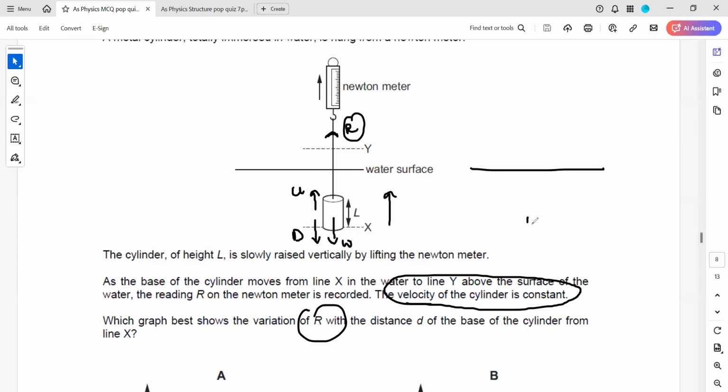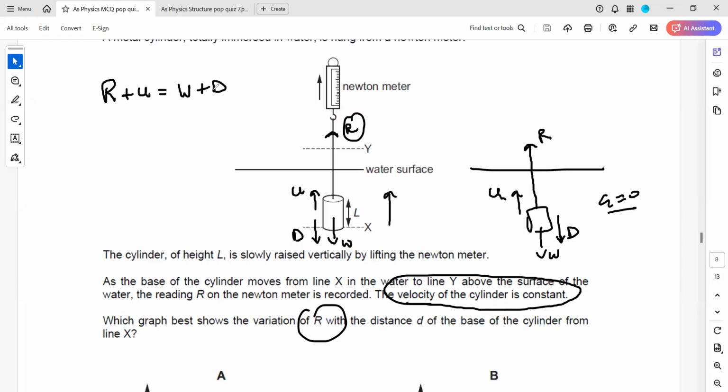In the question, we are pulling an object upward. My force is R, the upthrust is acting upward, the weight of this object is acting downward, and the drag force, the force which opposes the motion, is also acting downward. So the force which I am applying, I call R. There is no resultant force, as it is moving at a constant speed. So R plus upthrust, which is acting upward, equals weight plus the drag force.